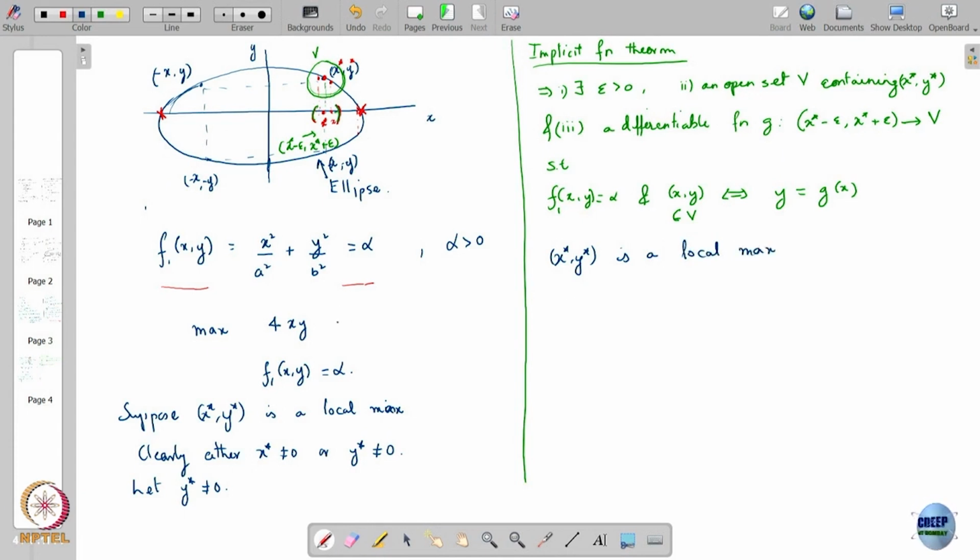So, let us denote this objective here by f0 of x comma y.